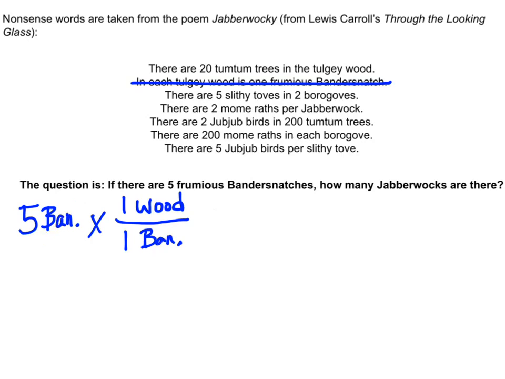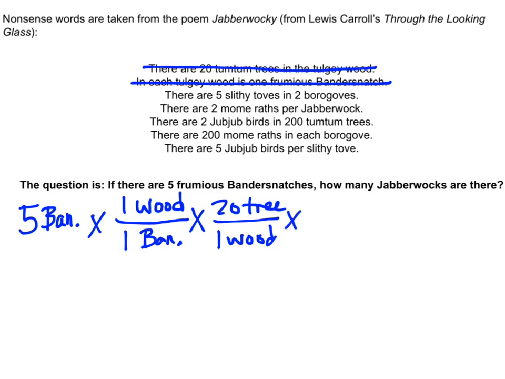So let's keep going, and I want something that will convert Tulgey Wood into something else. Okay, so we see 1 Tulgey Wood is 20 tum-tum trees. All right, and notice I'm still trying to cancel, so if wood is in the numerator, that's why I'm putting it in the denominator. Okay, so I've used that fact.